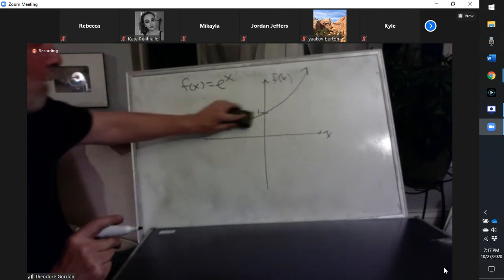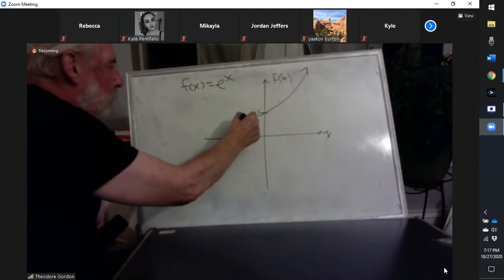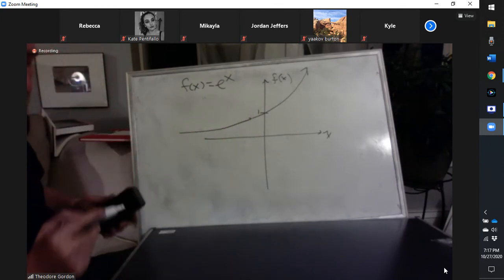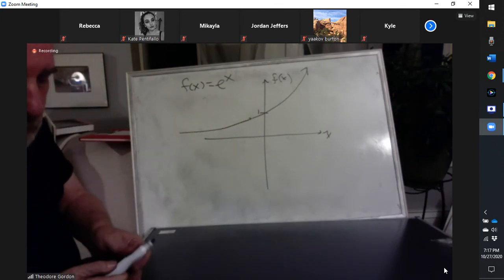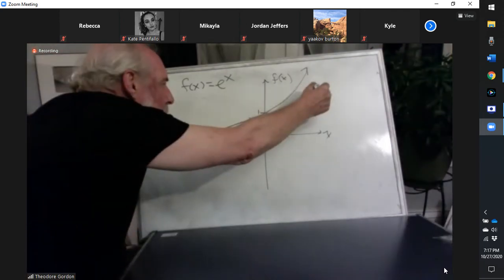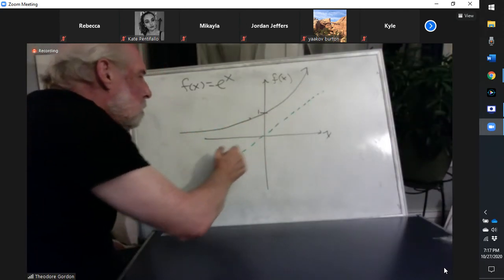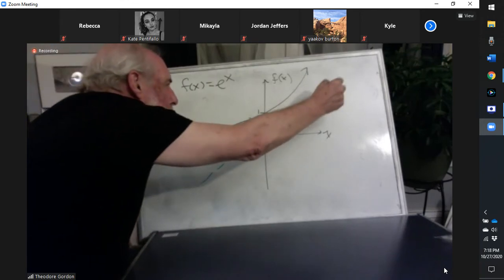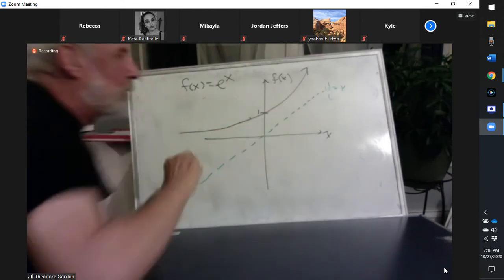Well, it's a little sharper than that, right? E to the x looks like that. You should all be familiar with that. So I'm going to put this line right down here. This is the line y equals x.